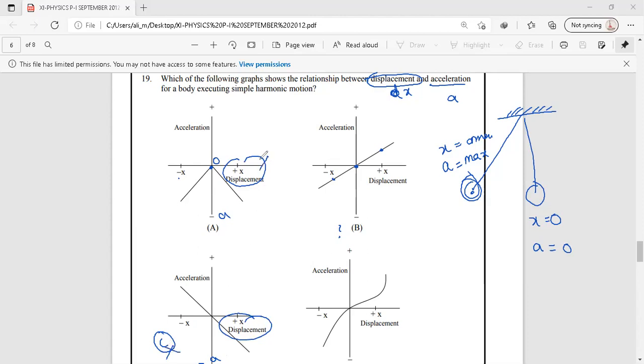So these two options are incorrect. So the correct answer is option B, in which positive displacement has positive acceleration and negative displacement has negative acceleration. At mean position, the acceleration is zero, and at extreme positions, the acceleration is maximum.